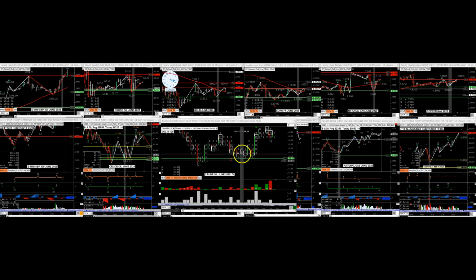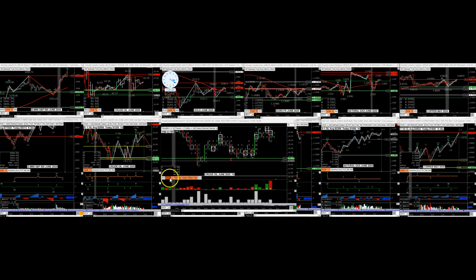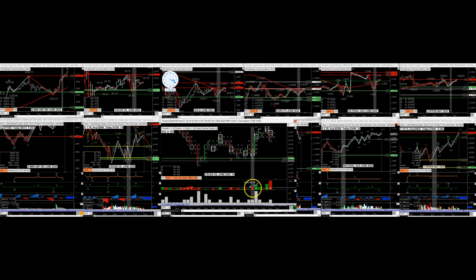The other two just set things up, but this is the clear example right here where you see this 15. This volume here is bigger than that green volume.